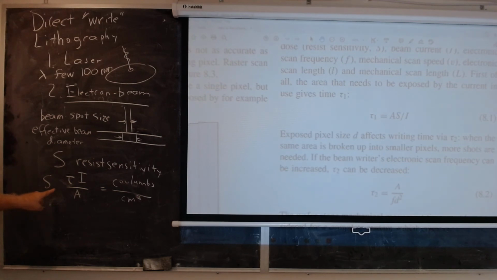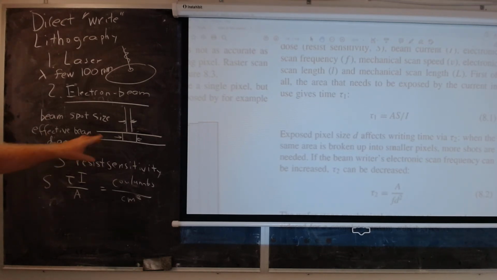So S tells you the charge in coulombs required to expose a certain area. And the beam current I then determines the speed, because tau goes 1 over I, of course, because the higher the beam current, the more charge you're bringing down into the surface.